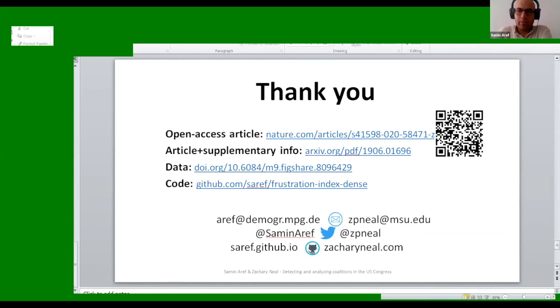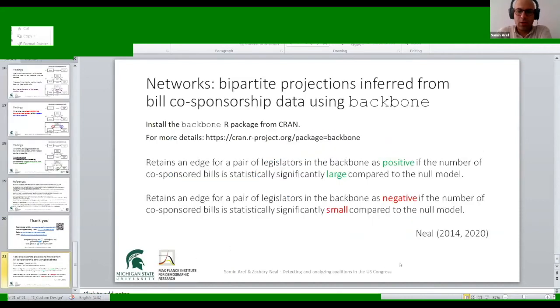Maybe I didn't explain properly where the edges come from. Essentially, we have a number for every pair of legislators. Let's say you're a legislator, I'm a legislator, and we have sponsored 200 bills. The question is whether this 200 is statistically a very large number, a very small number, or just a normal number. If 200 is a lot, then there's a positive edge between us compared to the null model we use for inferring the signed network.